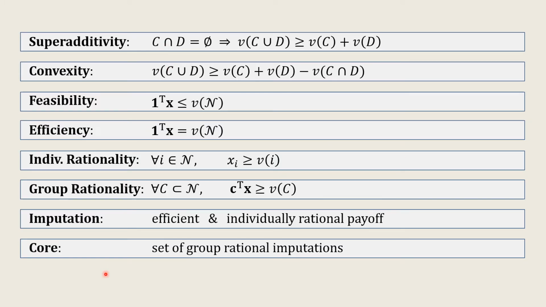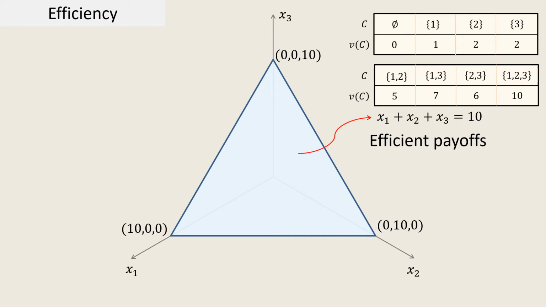So these are the definitions that we've looked at. And we looked at this example of three agents. This is the set of efficient payoffs where x1 plus x2 plus x3 add up to 10.